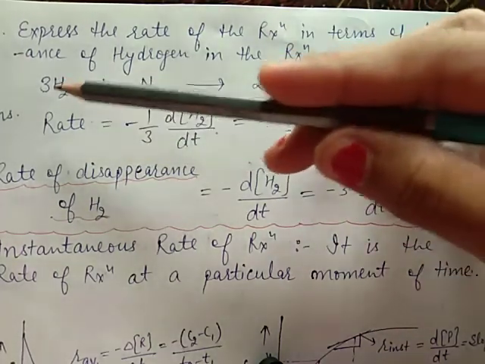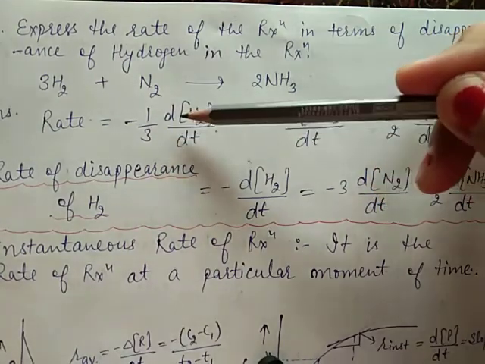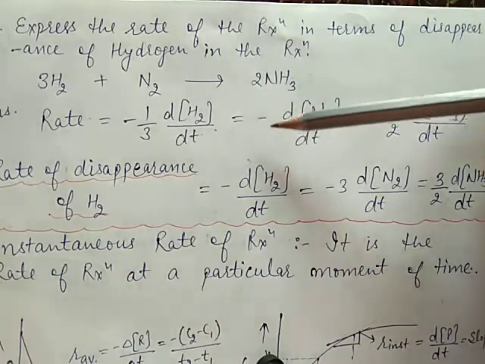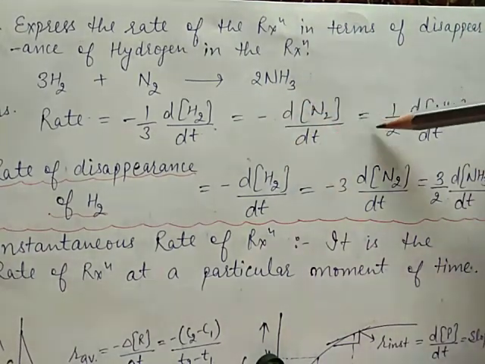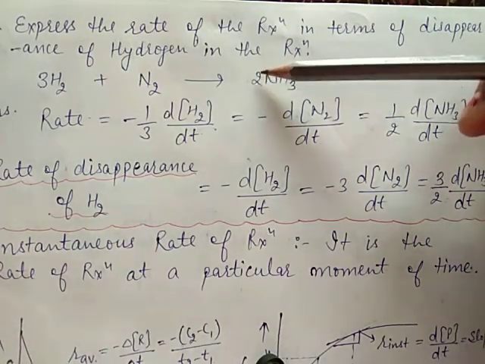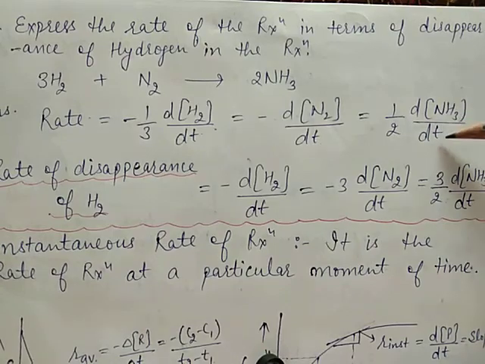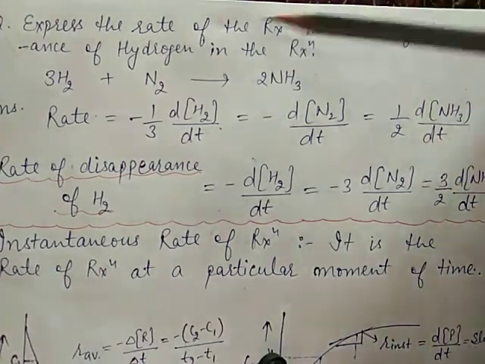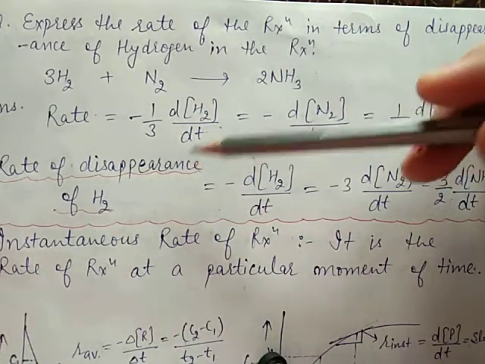Rate is equal to minus 1 mole divided by coefficient 3, that is 1 by 3 dH2 by dt, is equal to minus dN2 by dt, is equal to plus half dNH3 by dt. So here we have to find out the rate of disappearance of H2 only. Disappearance means negative sign.